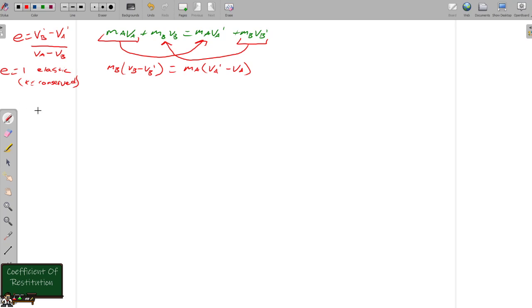And then I'm going to do the same thing for conservation of energy in this case, and take my conservation of energy formula, 1/2 MA VA squared plus 1/2 MB VB squared is equal to 1/2 MA VA prime squared plus 1/2 MB VB prime squared.